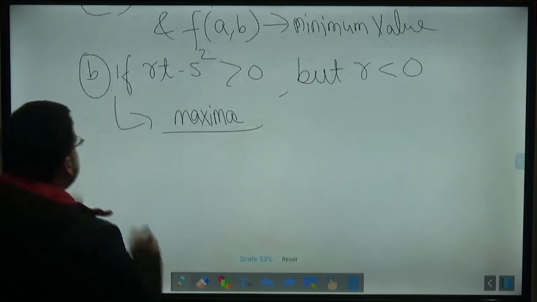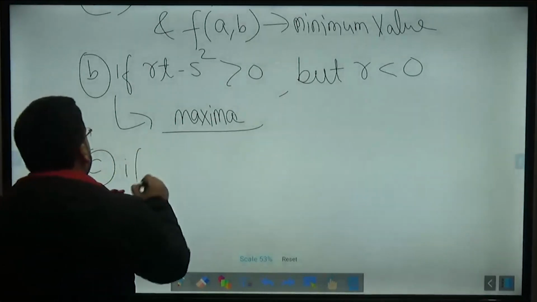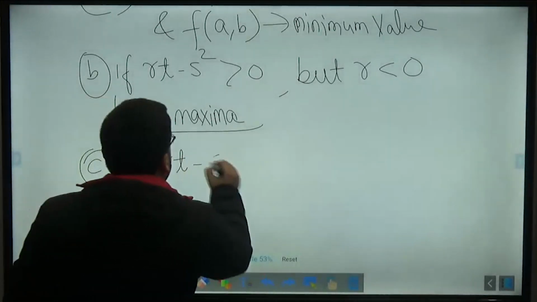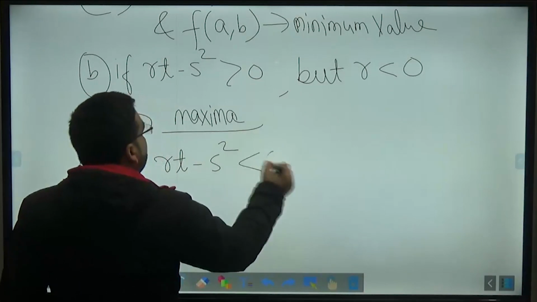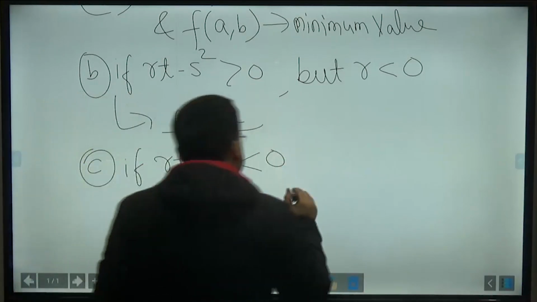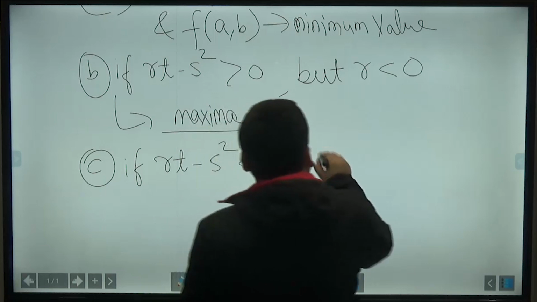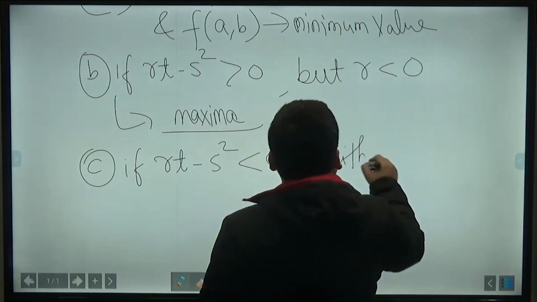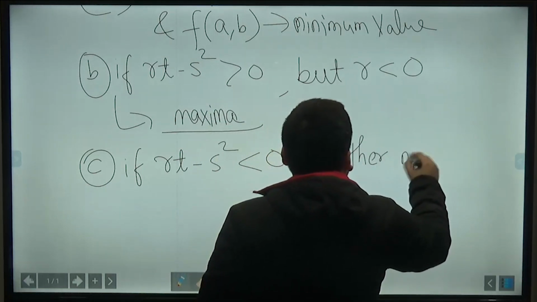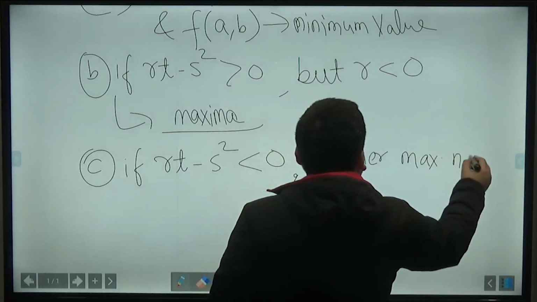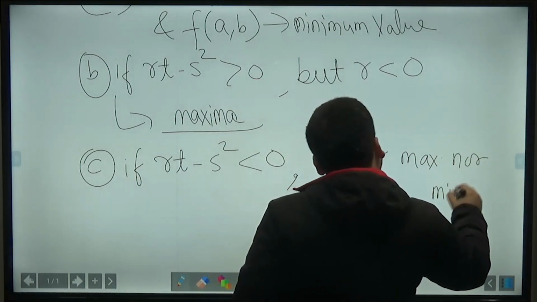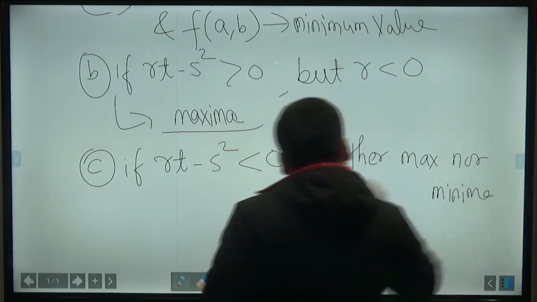But case c: if rt minus s square is less than 0, whether r is greater than 0 or less than 0, we do not care at all. It is neither maxima nor minima, it is some in-between point.